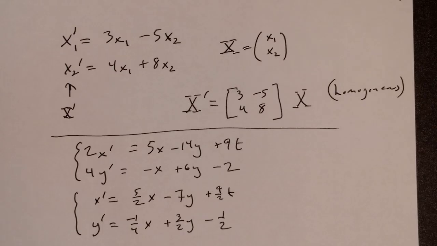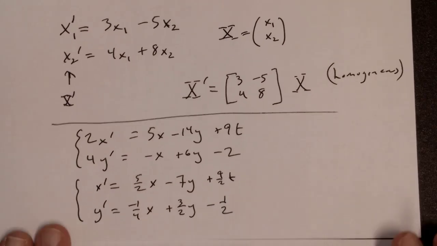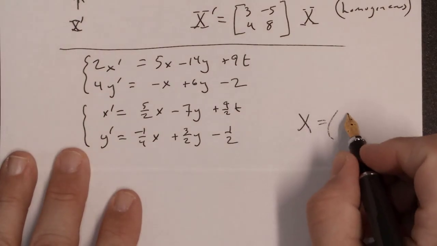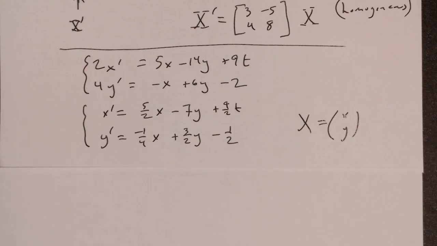Now this time, in order to take care of that 9 halves t and the 1/2 on the right-hand side, all I have to do when I create the matrix version of this is use that non-homogeneous term.